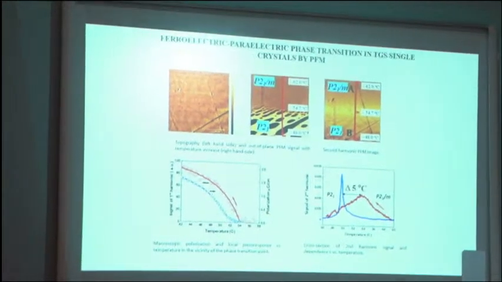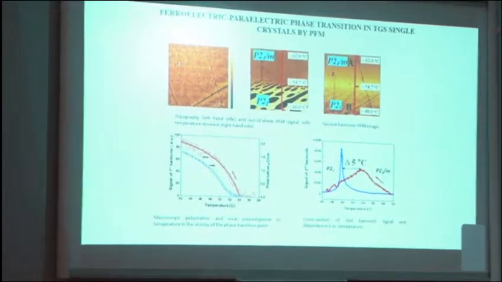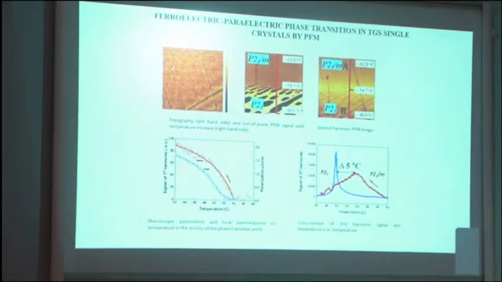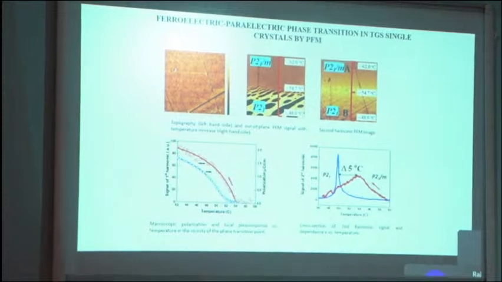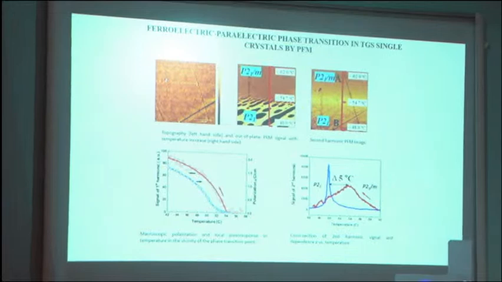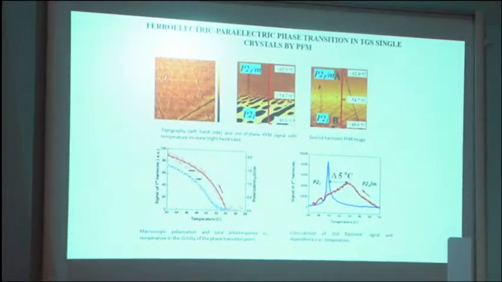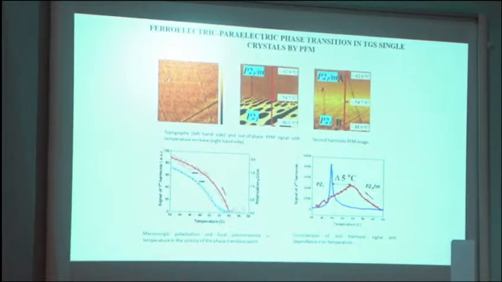If you have a phase transition or any other process, this domain structure can change. And during a phase transition, we have a change in dielectric permittivity, and this effect is electrostatic, and it is possible to detect too.